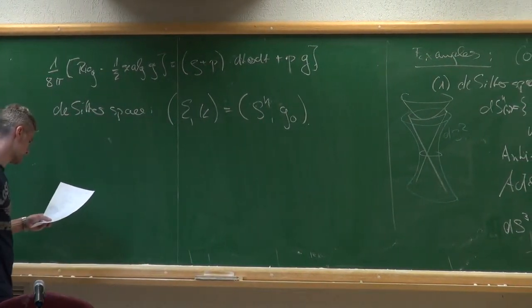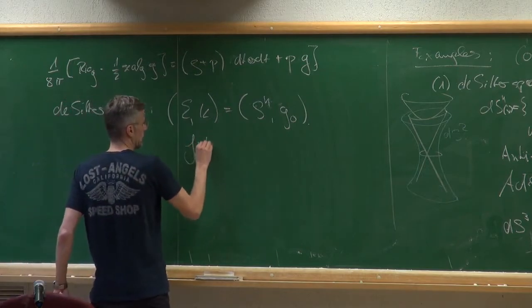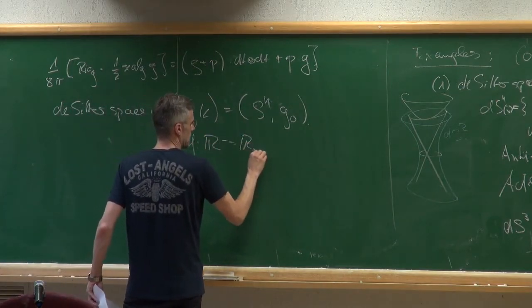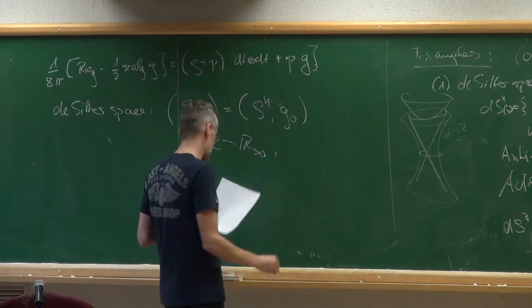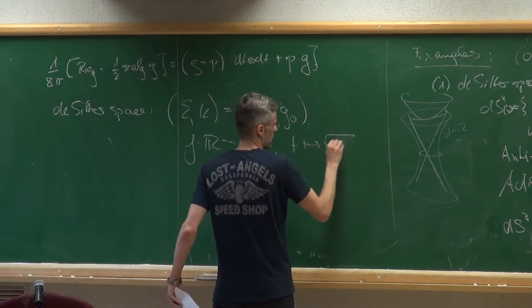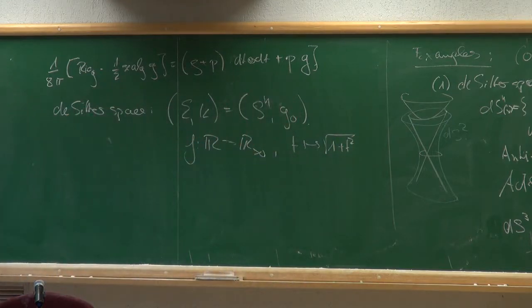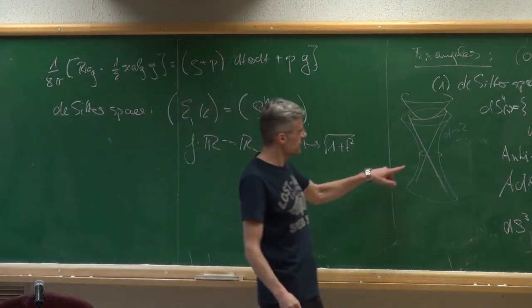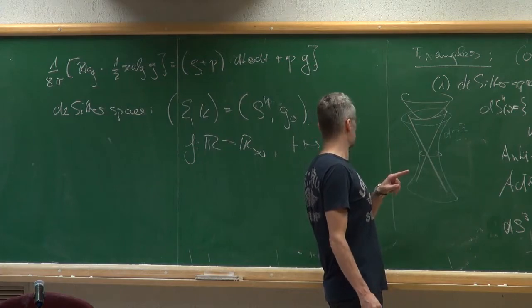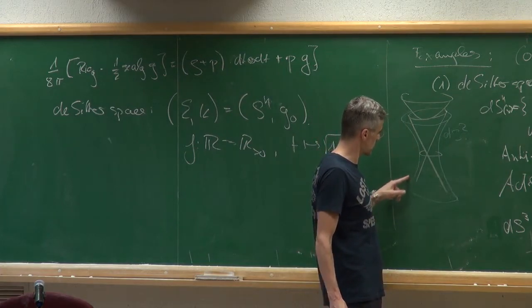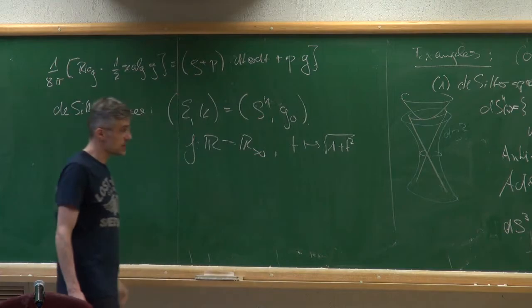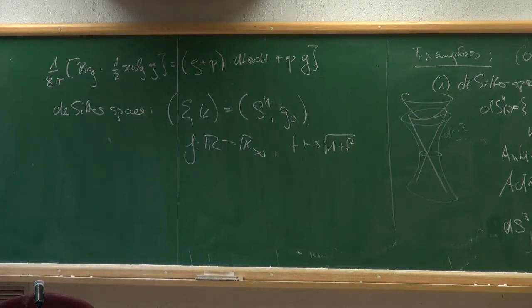And the warping function, this f, is t goes to the square root of 1 plus t squared, which is nothing but the unit speed parameterization of these vertical geodesics here. Okay, that is Robertson-Walker.